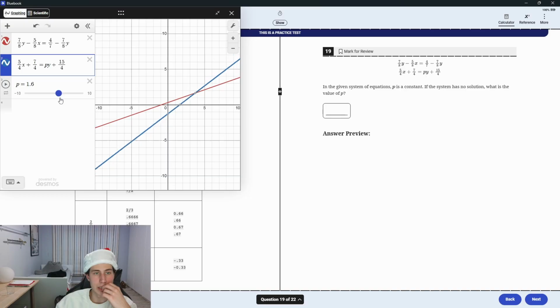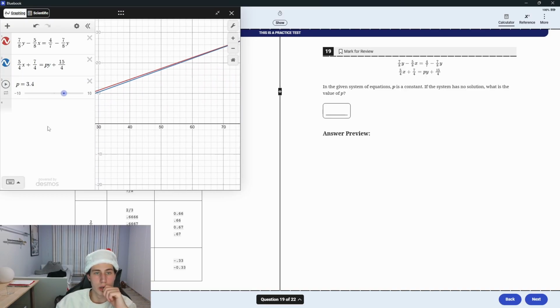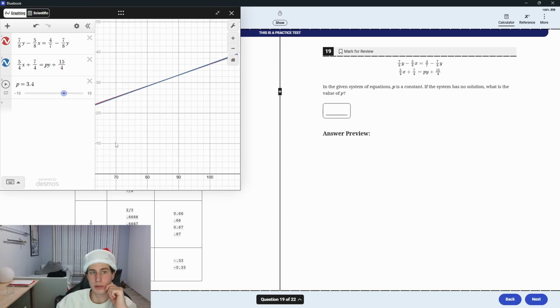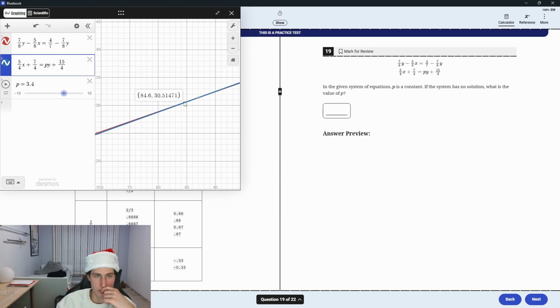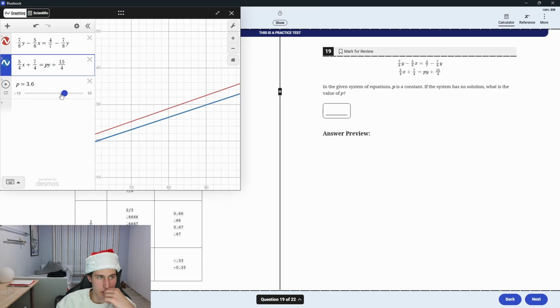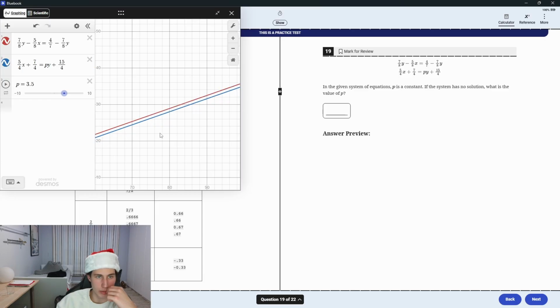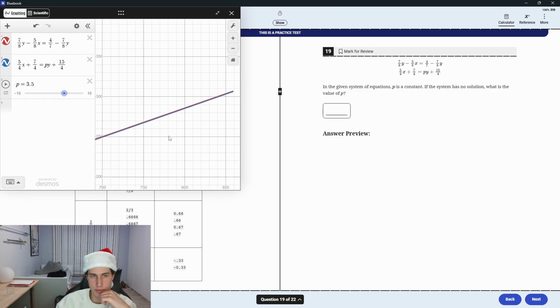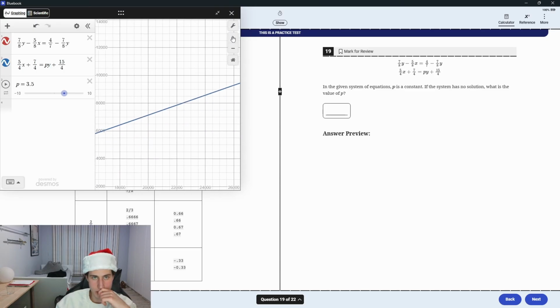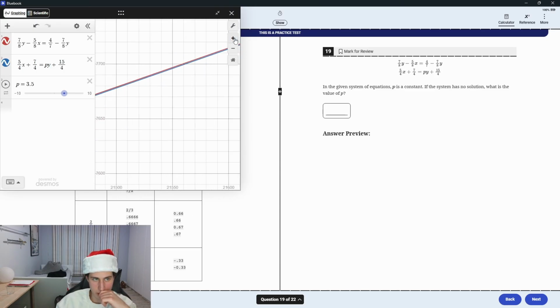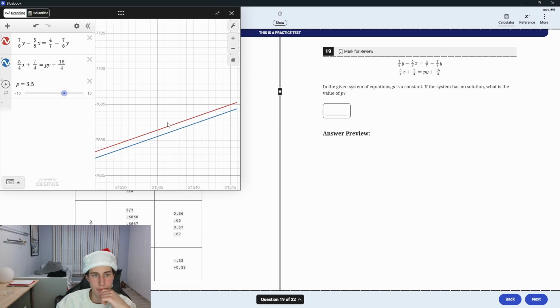So now we need to find when these lines are parallel and will never touch. In this case at 3.4 they do touch here at this point. So let's make this 3.5 and see if these ever touch. Here, it looks like they still aren't touching.